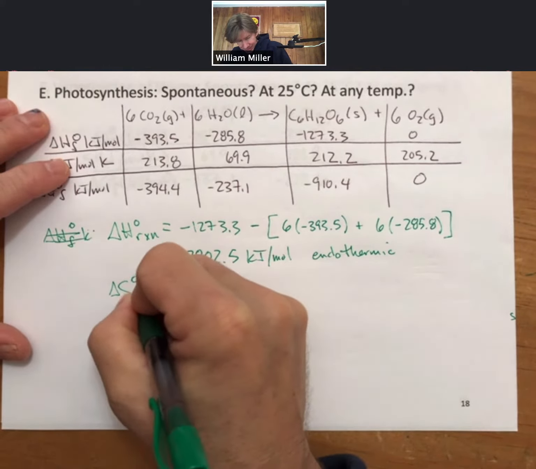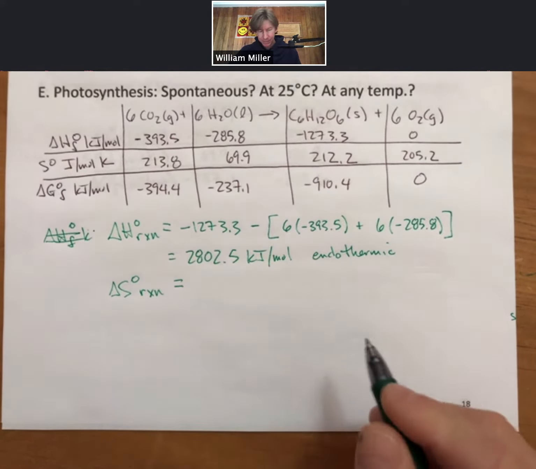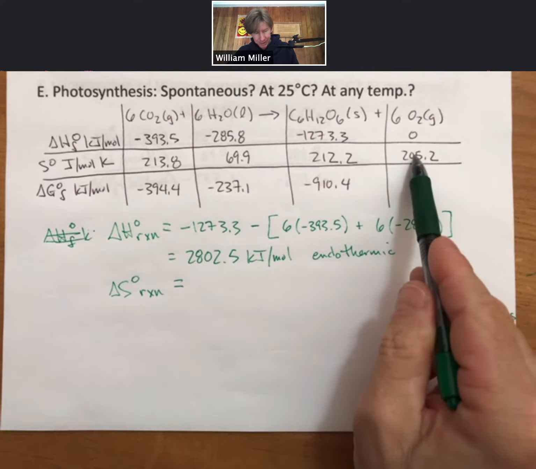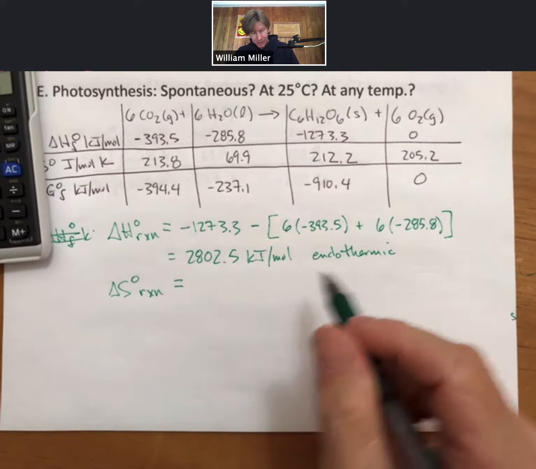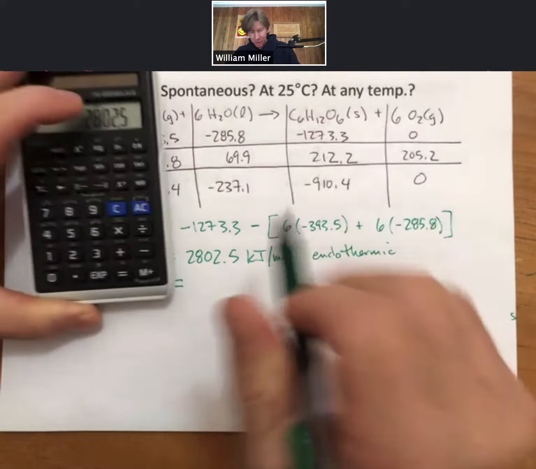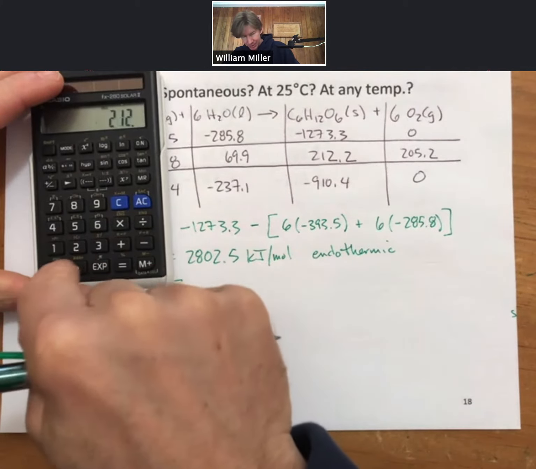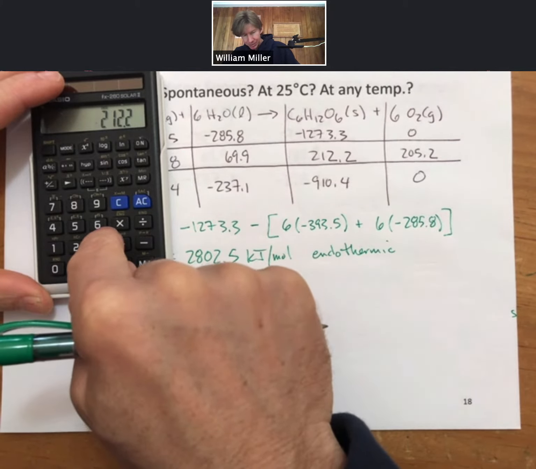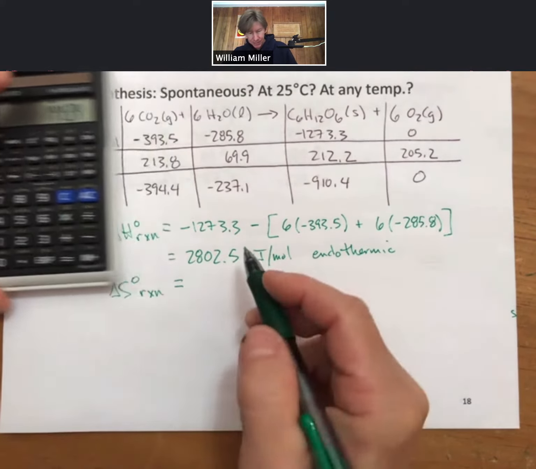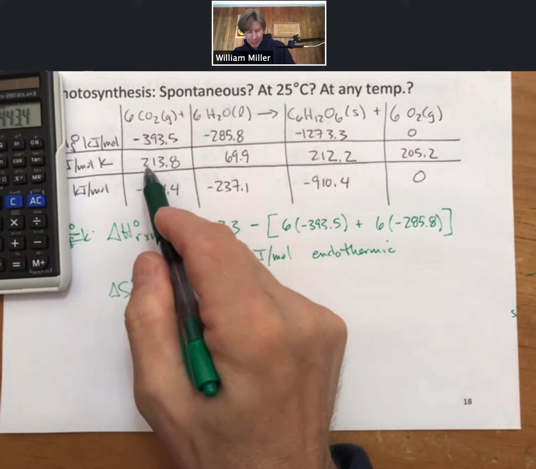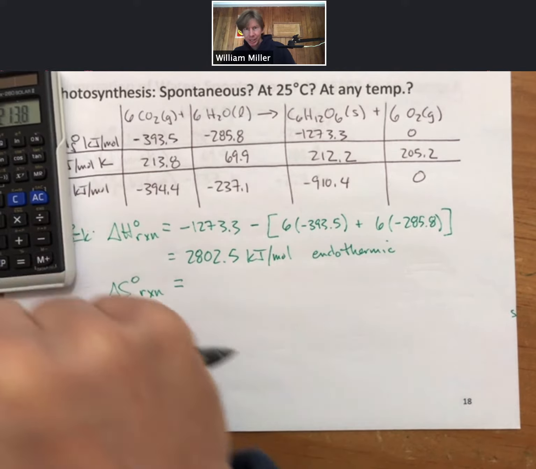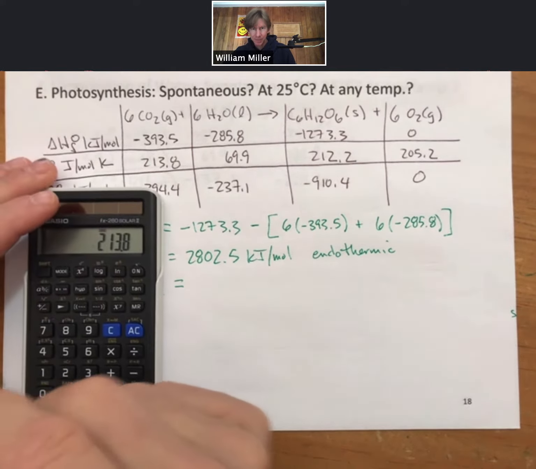Delta S, and let's see, so products minus reactants, so it's going to be this plus 6 times the 212.2, plus 6 times the 205.2, minus 6 times this, 213.8. Sorry, let me get, there we go.